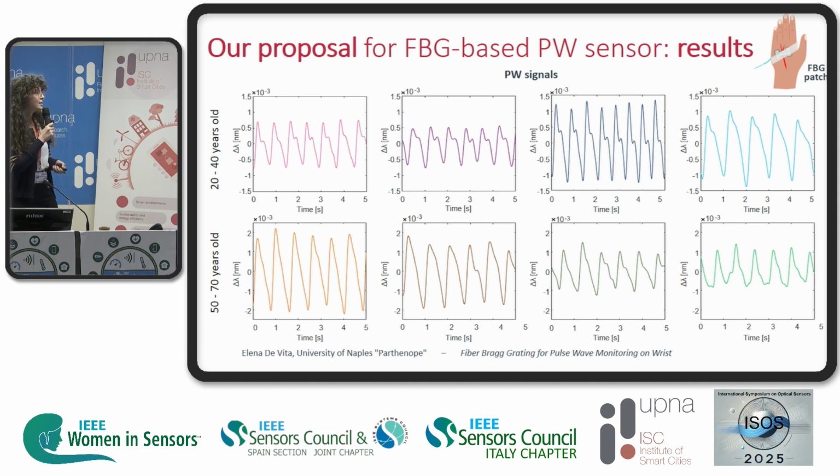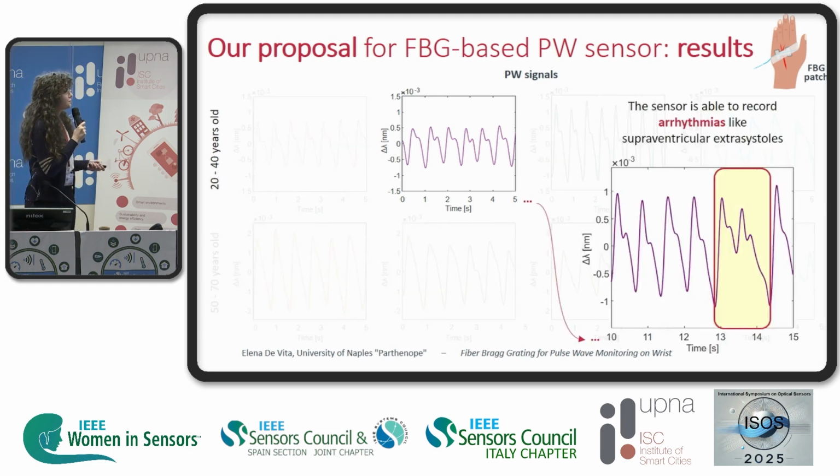The first thing that we can see is that the pulse waveform depends on the subject, and when the age increases, differences come out, for example, about the diastolic peak. It is strongly attenuated, and the dicrotic notch has almost disappeared.